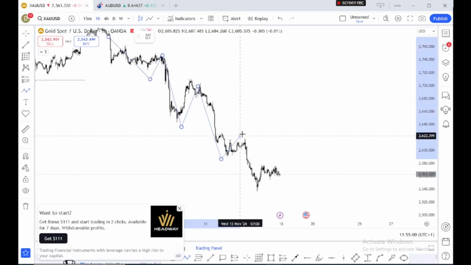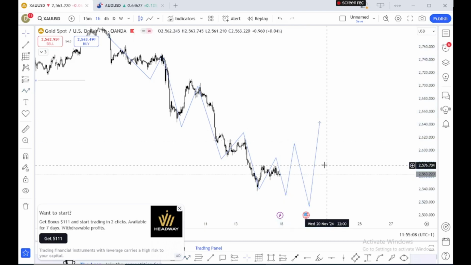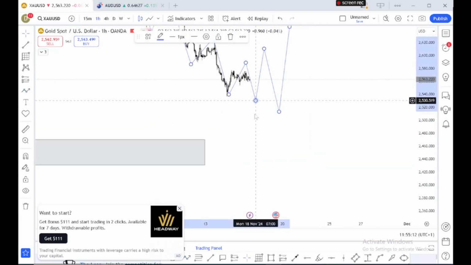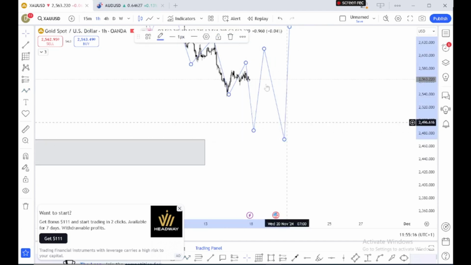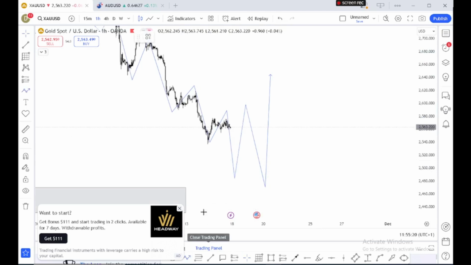I want the market to give me change of character in 1 hour. Maybe it happens here after market mitigates this level, and I have change of character. Then that's when I will look for an entry.